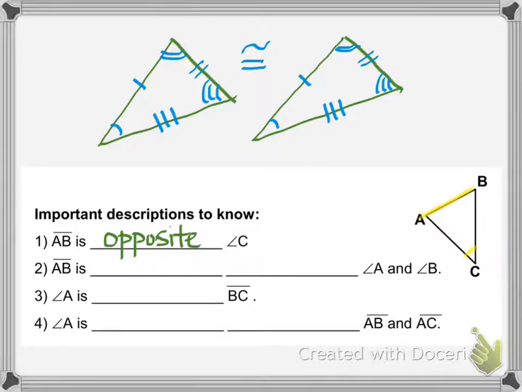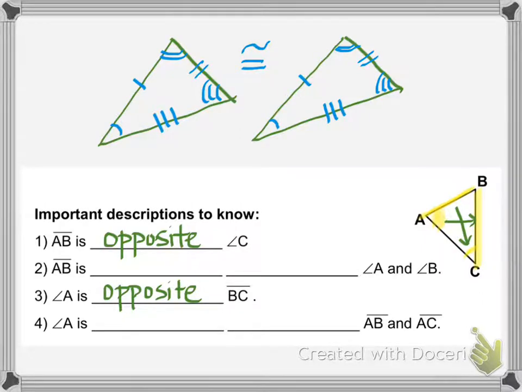We can also say that angle A is opposite side BC. So segment AB is opposite angle C, and angle A is opposite segment BC. So if I was to draw an arrow from one to the other, I could see that it's across from this. Opposite means across. Okay.